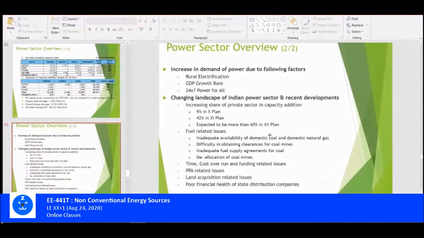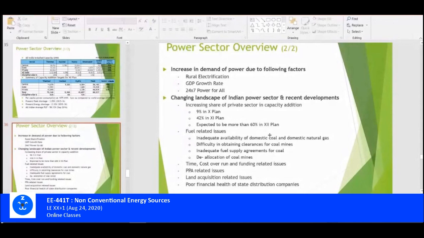At the same time, the losses are sometimes more than 20%, 30%, in some areas more than 30%. So the government sector has been by and large very inefficient in managing our power sector situation. So the share of private sector is increasing and increasing.